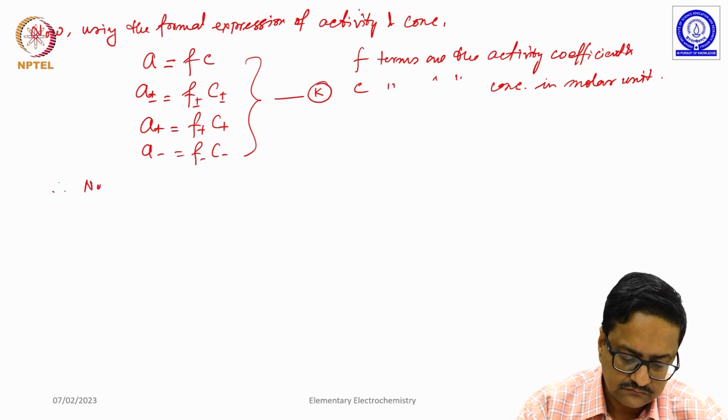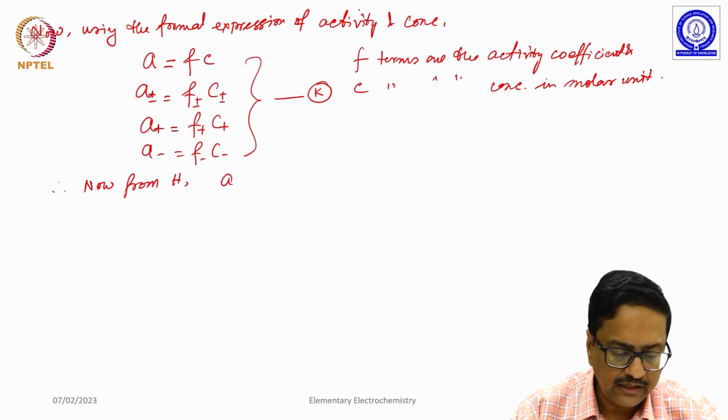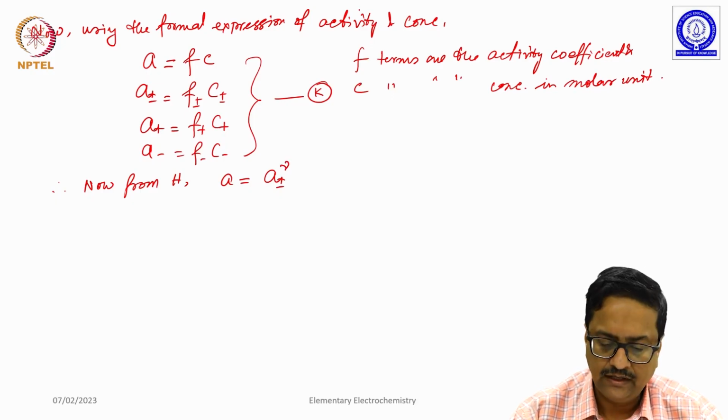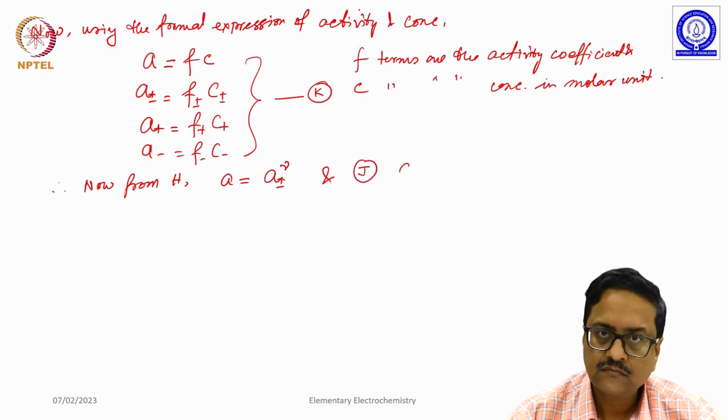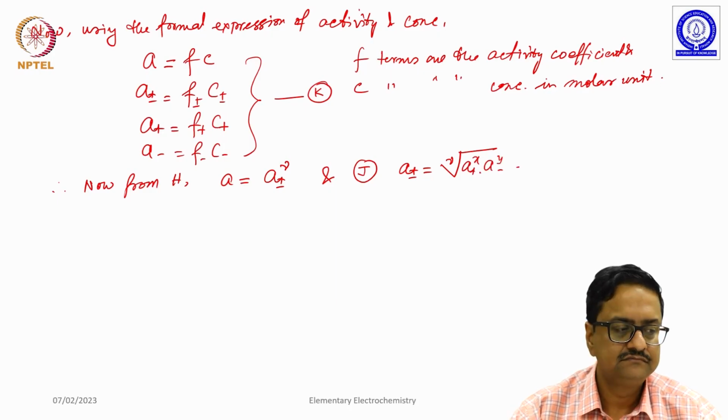Now, from H, A equal to A plus minus to the power nu and J gives me A plus minus equal to nuth root of A plus to the power x, A minus to the power y.